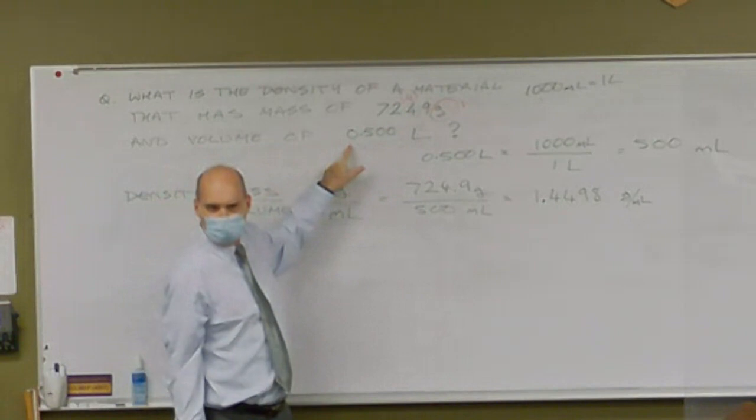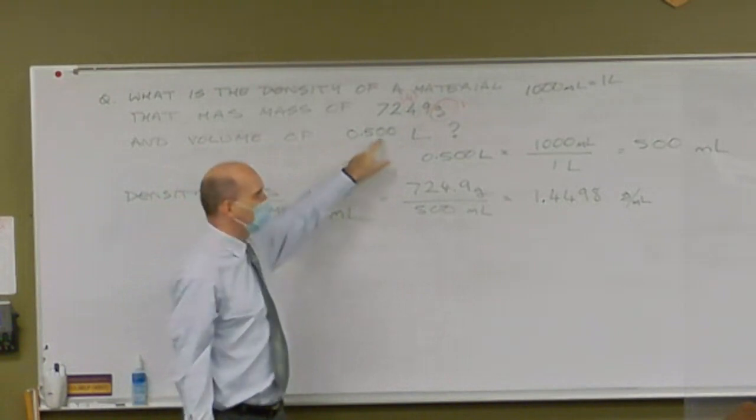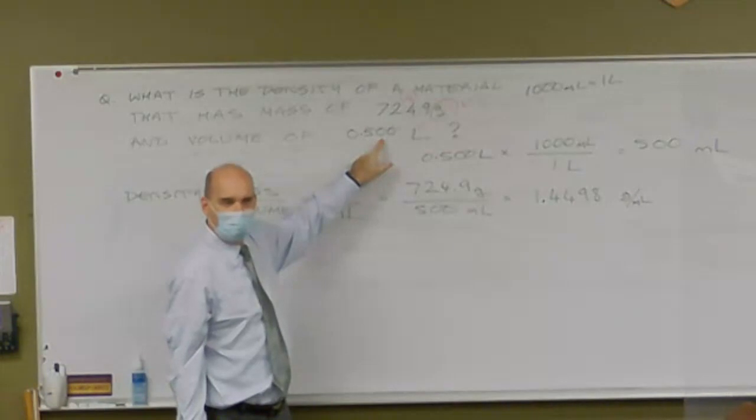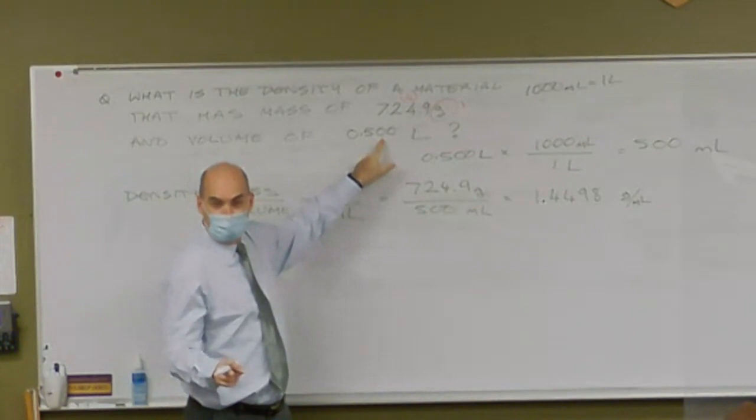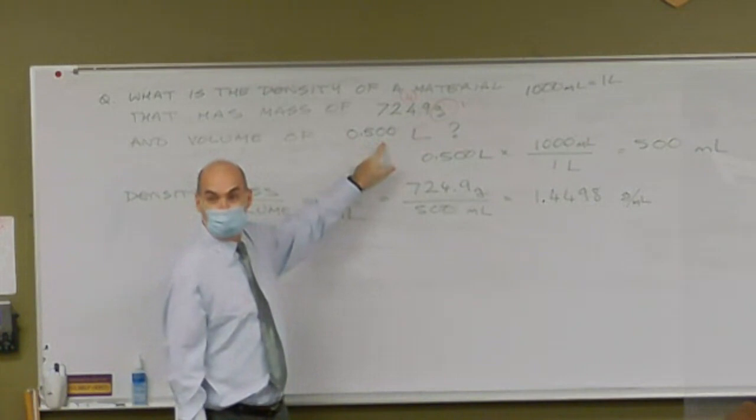Does that first zero count? No. Does that zero count? Is it sandwiched between two other numbers? No. Is it behind the decimal and also behind another number? Yes, it is.